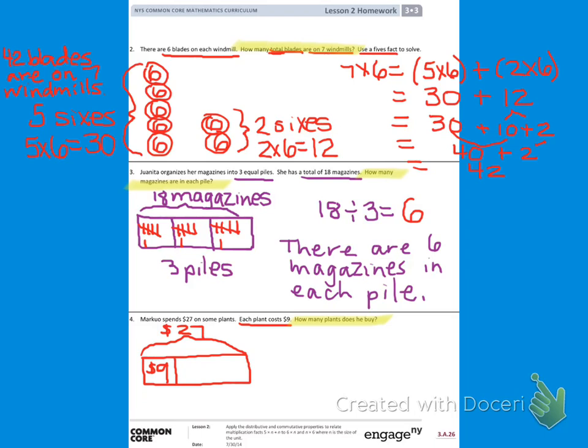Well, if each plant costs $9, what we're really looking for is how many 9s are in 27. So I'll write that here. How many 9s are in $27.